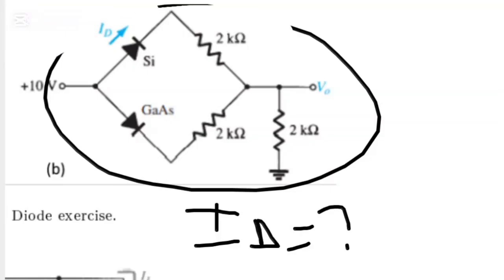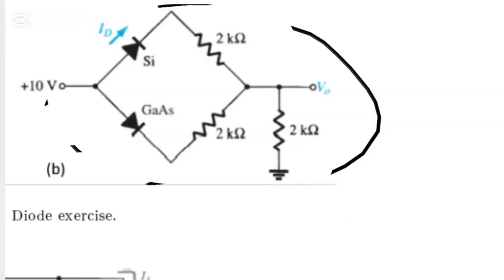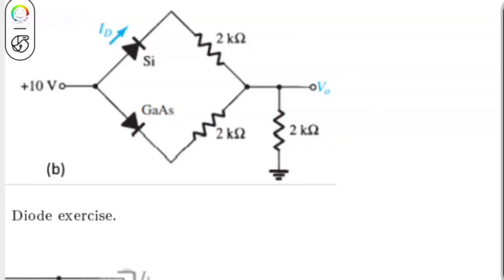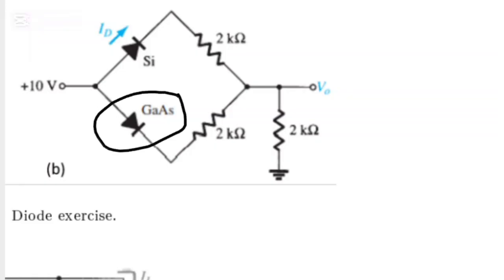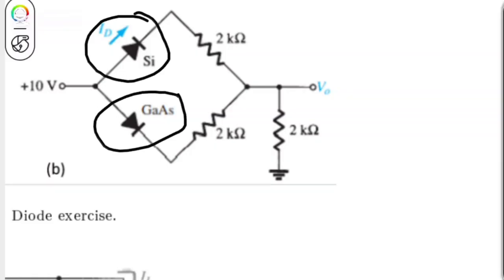So now how can we solve this kind of problem? Whenever you come across this, the first thing that you're going to take a look at is the diode. Are they on or off? If you take a look at these diodes, all of them are on.